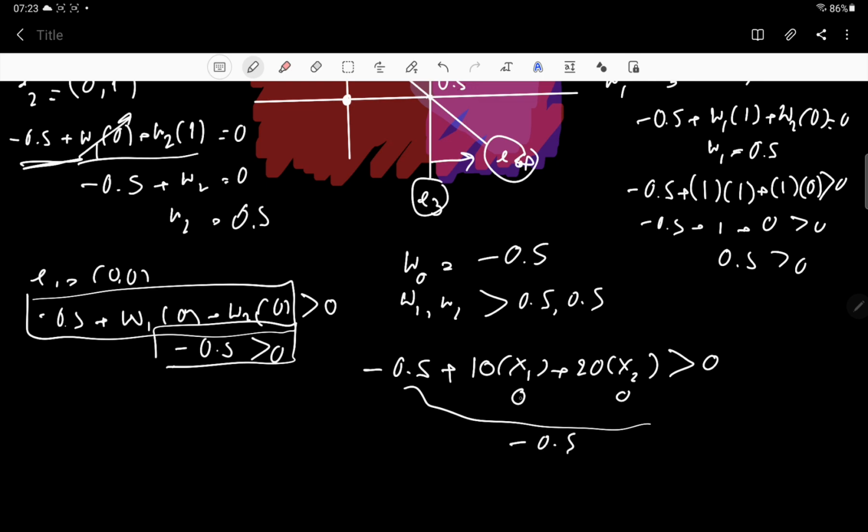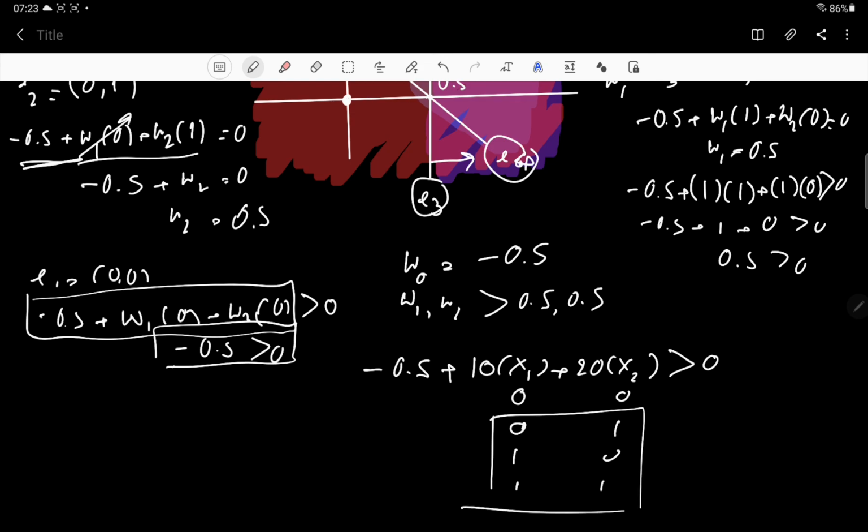But for all the other remaining ones, 0, 1, 1, 0, and 1, 1, all of these will be positive. Summing with minus 0.5: 10 times 0 is 0, and 20 times 1 is 20, so the summation is 19.5.